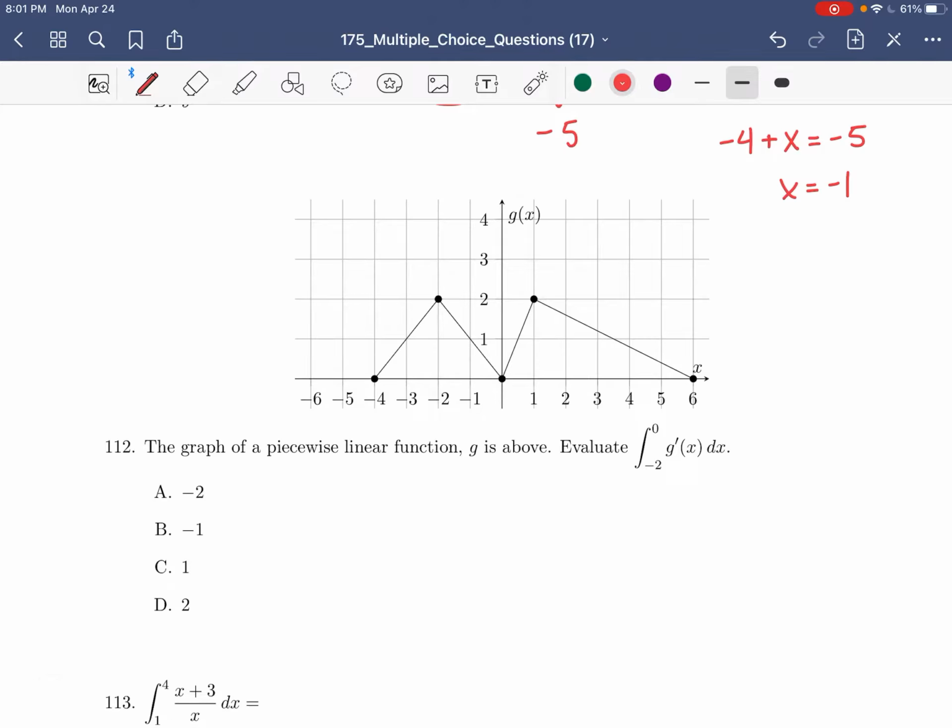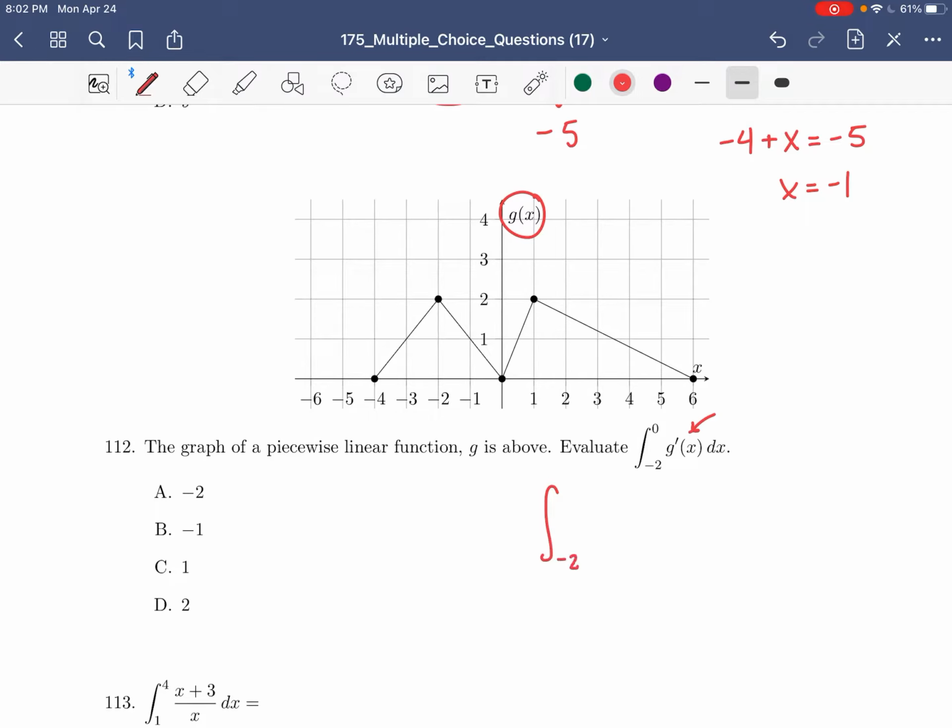Okay, here we have the piecewise function. Looking at this, we need to evaluate the integral from -2 to 0 of g prime of x. So notice we have g prime here, and we have g.